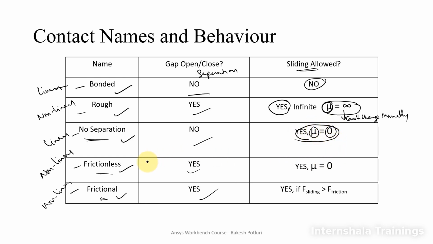It is somewhat like a frictionless contact in terms of sliding behavior, but the difference between frictionless and no separation is that in frictionless contact the separation is allowed. That is the only difference. Here, the sliding behavior is the same for no separation and frictionless contact. Then coming to frictional contact, it is a nonlinear contact, so separation can be given, that is not a problem, and sliding is allowed. But the condition is that the applied sliding force should be greater than the friction resistance.